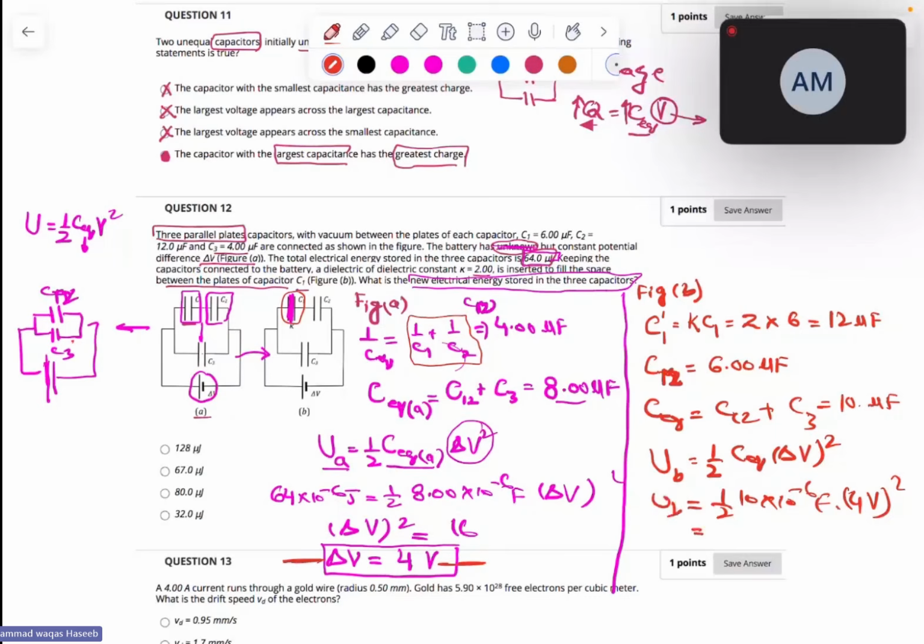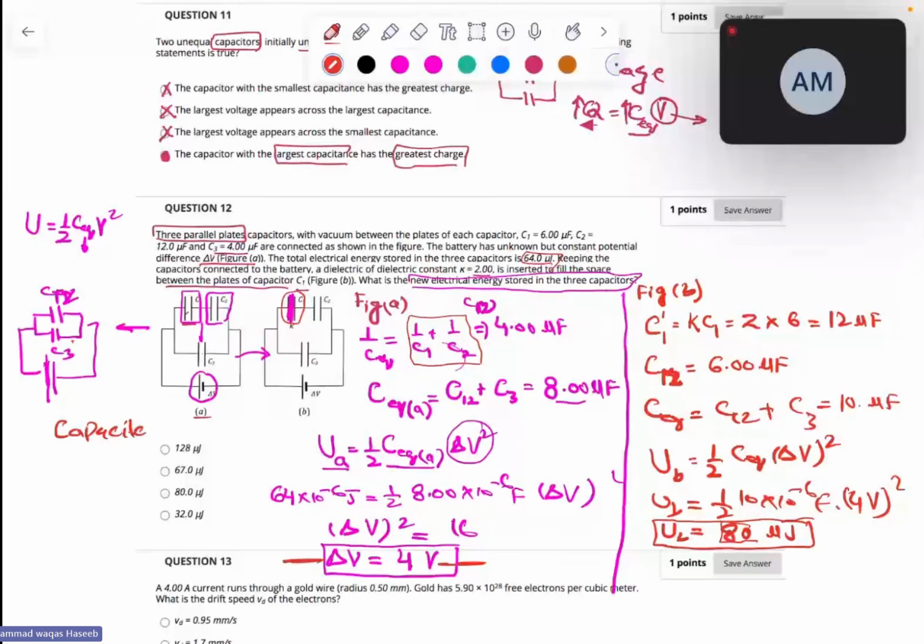When you do the calculations, you will get 80 microjoules. So if you see this, the initial energy was 64 without the dielectric, and now the energy is 80 with the dielectric, which means that the dielectric increases the capacitance.